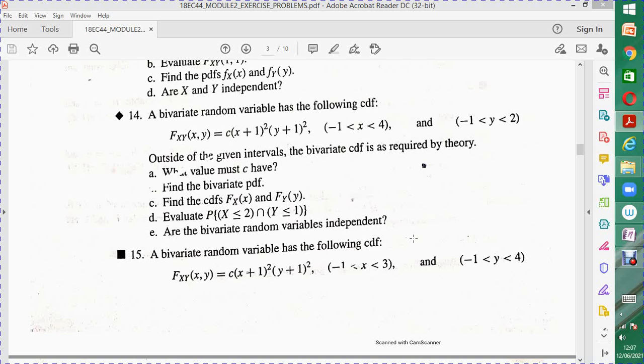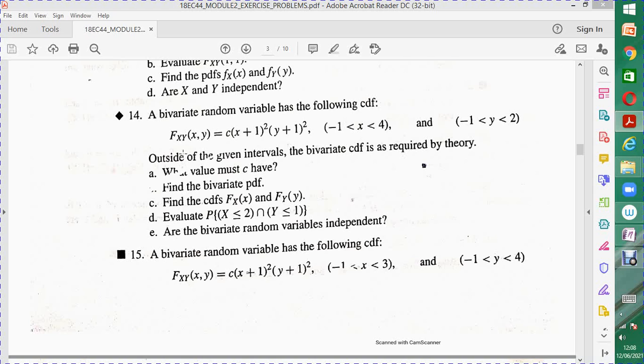Here we'll take up problem number 14. We are given a bivariate random variable with the CDF defined by Fxy(x, y) = c(x+1)²(y+1)², where x and y are bounded by the values -1 to 4 and -1 to 2, and the CDF is zero other than this given range.